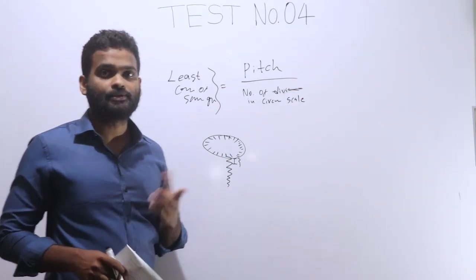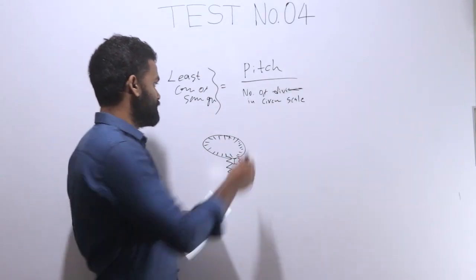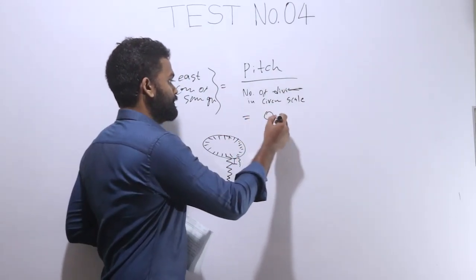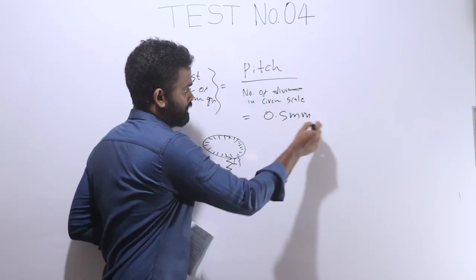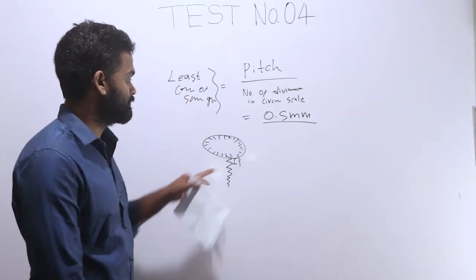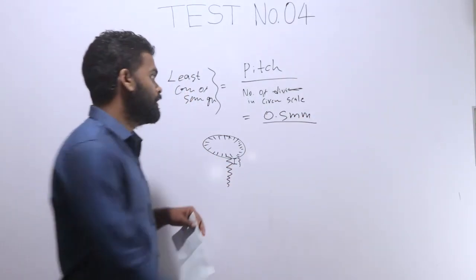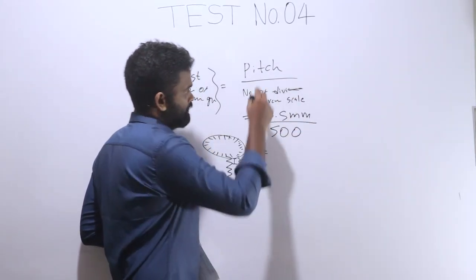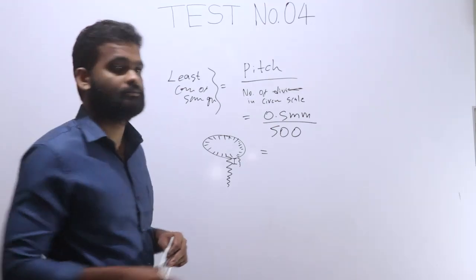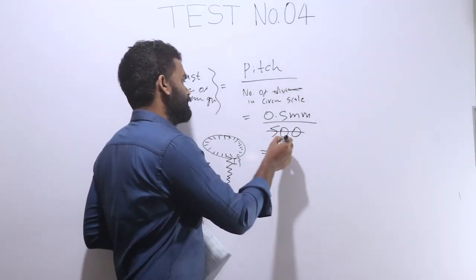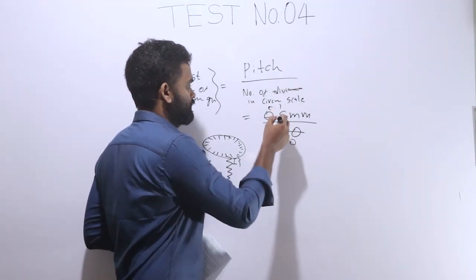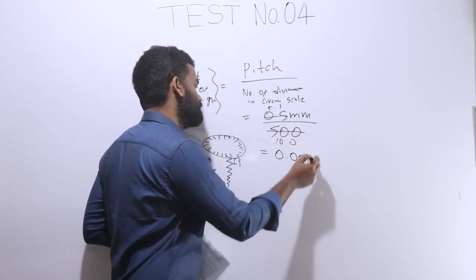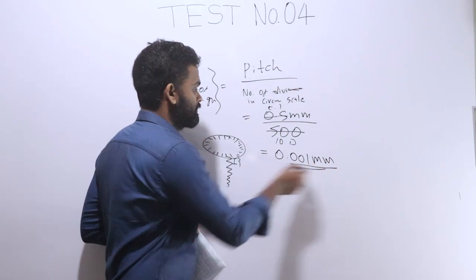So using pitch divided by number of divisions in circular scale, we can find the least count of a screw gauge. Here the pitch is 0.5 millimeters, so it is half of a millimeter. Just divide by 500 divisions in the circular scale. 0.5 divided by 500 is 0.001 millimeters.